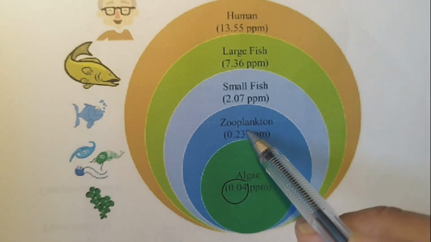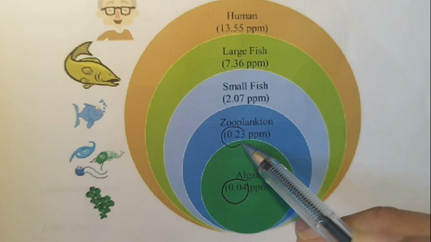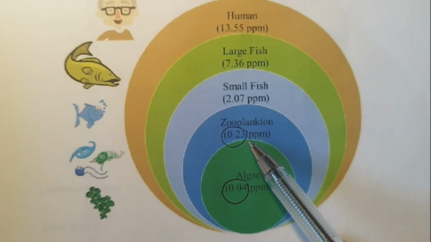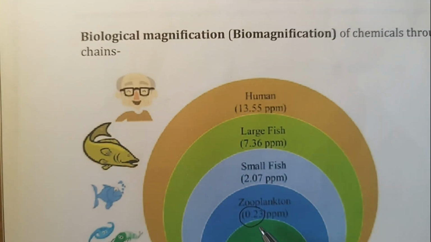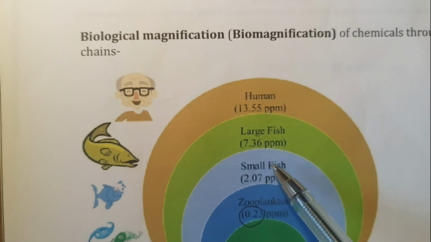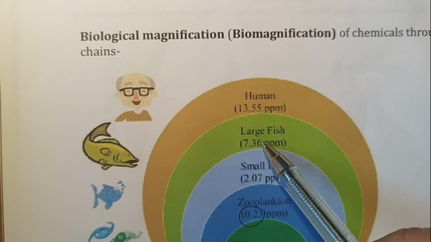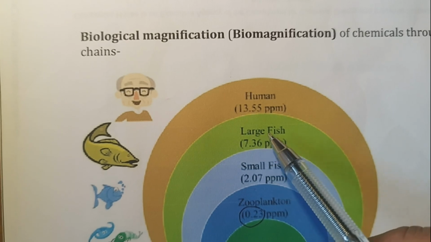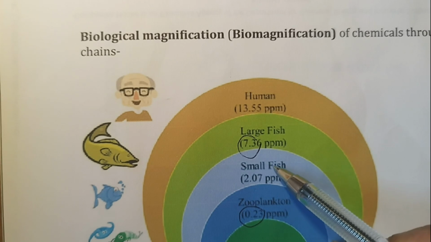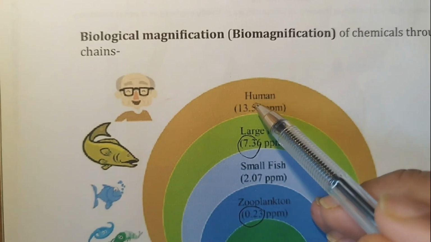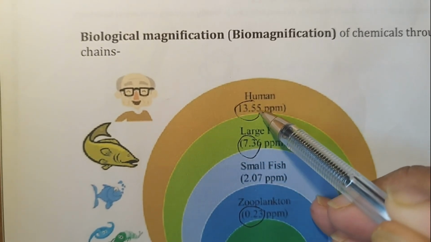They have a higher concentration of chemicals and pesticides in their bodies. Then the small carnivores, small fish, have even higher. The medium-sized or large-sized carnivores have a much higher concentration of the chemicals and pesticides, and we human beings have the highest concentration in our bodies.